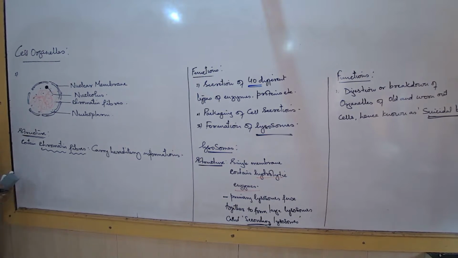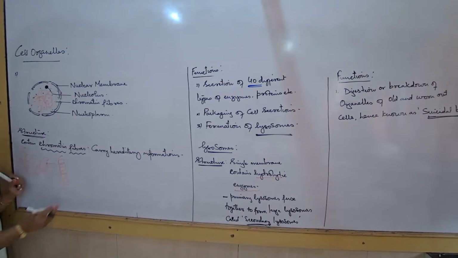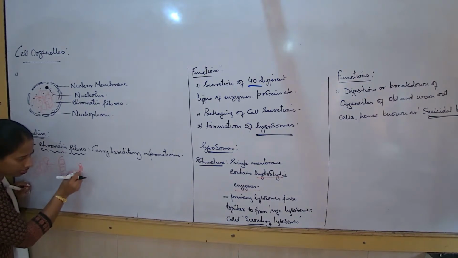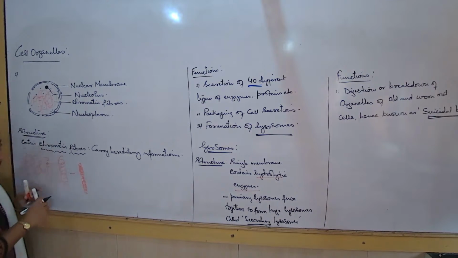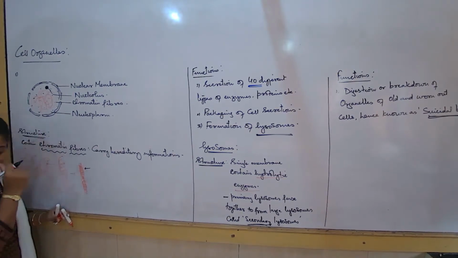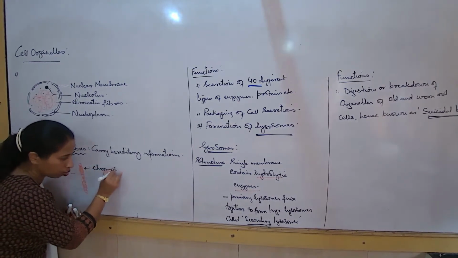But what is the relation between this chromatin and the hereditary information? I am talking about a very long thread-like structure. When I see that these thread-like structures are extensively condensed, I give them a different name, and this extensively condensed chromatin fiber is known as a chromosome.